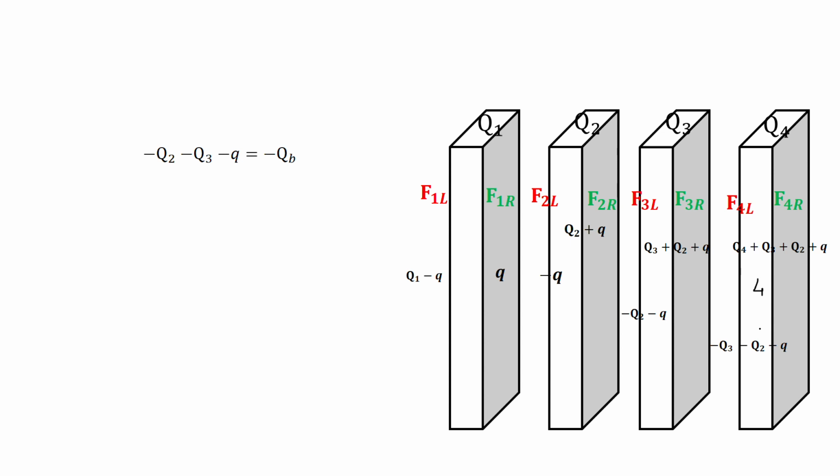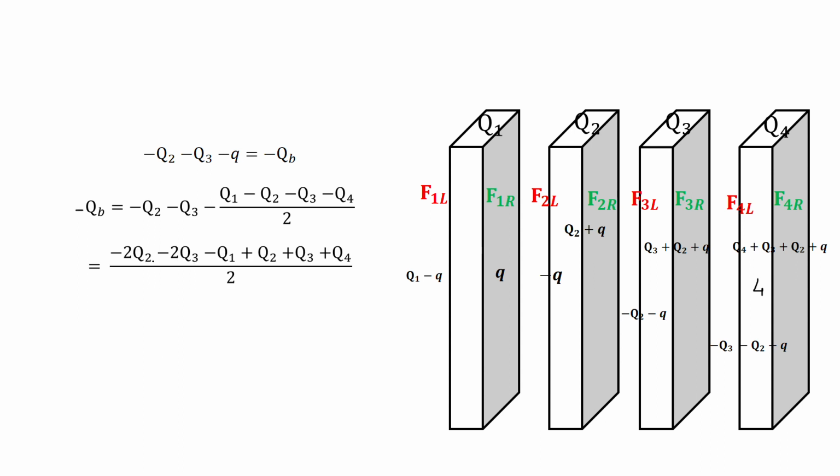So if we substitute the value, we will obtain, there is a mistake, this should be minus qb. So minus qb equals this much. When we simplify it, we get the value as (q4 minus q1 minus q2 minus q3) divided by 2, that is minus qb equals to this.